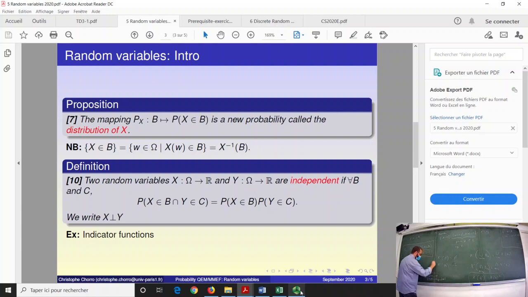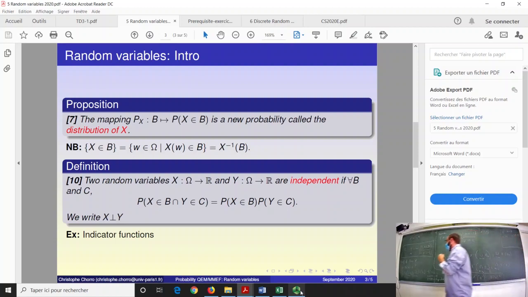sets. Okay, so here I just remind the definition of what is the probability as defined in the first session of the course. So if I want to check that someone is a probability, I have to check that Px of the universe is 1, and that if I have a sequence Bn of pairwise disjoint sets, the probability of the union, or Px of the union, is equal to the sum of the Px.